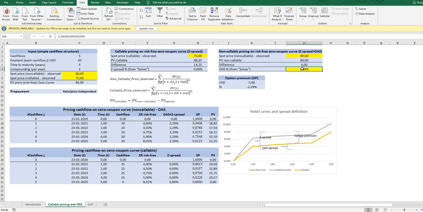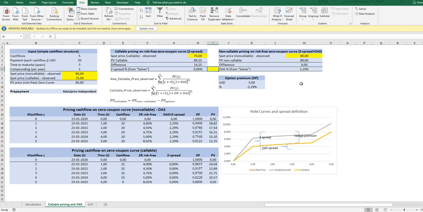And what is in this risk premium? Basically everything but any optionality premium. So it could be credit, it could be liquidity, it could be many other things that you can think of, but primarily credit and liquidity. So this was the spread and pricing of the non-callable bond.